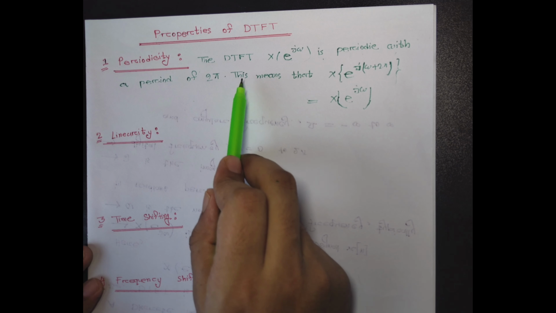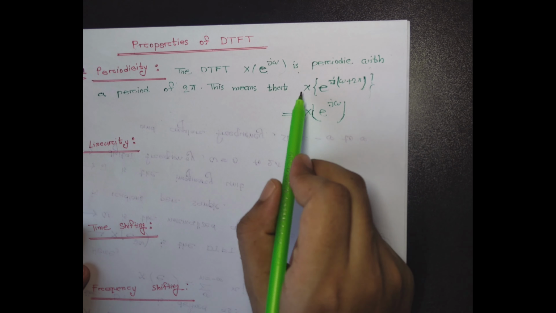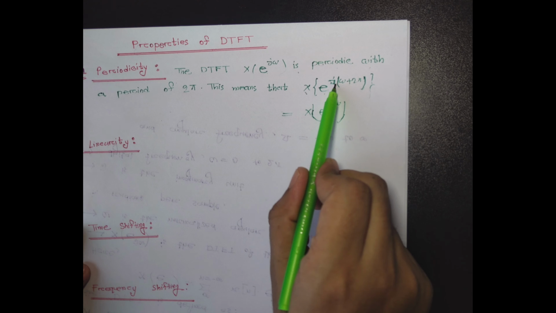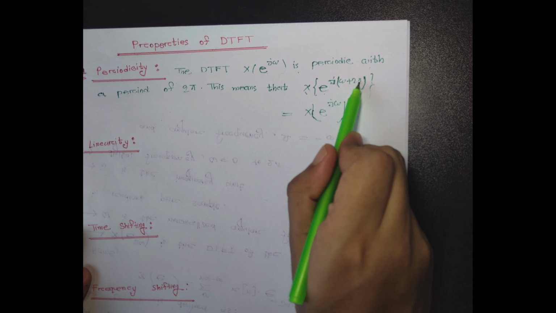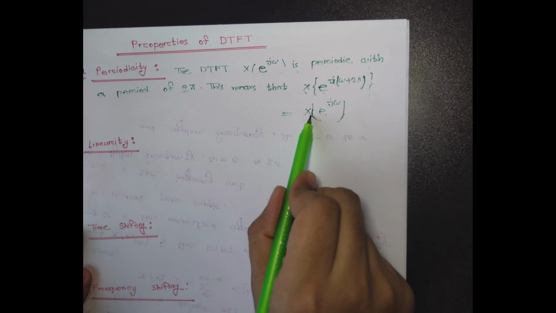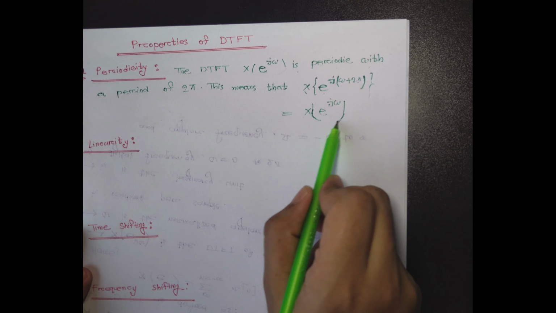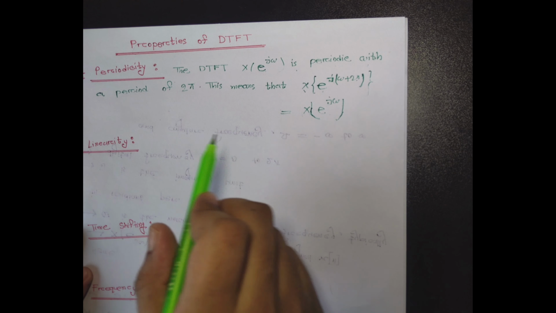This means that X(e^j(ω+2π)) is equal to X(e^jω). This is the periodicity property.